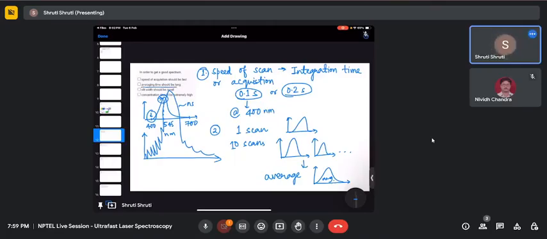Depending upon the company, the fluorimeter is of. If you want UV excitation, you will have to have a deuterium lamp. So the fluorimeter which we have in our department has two lamps.